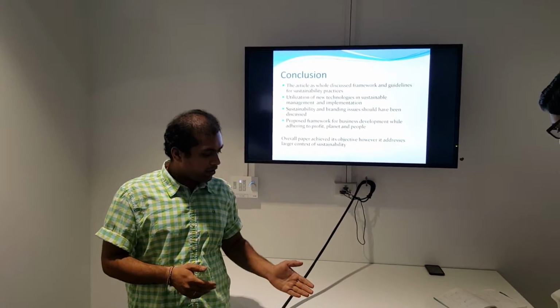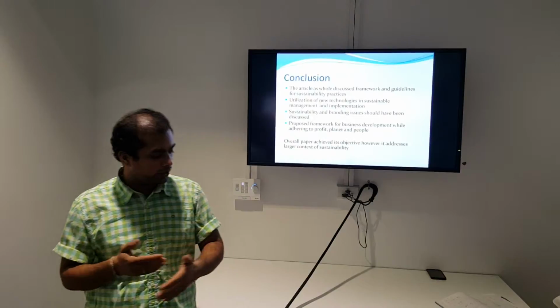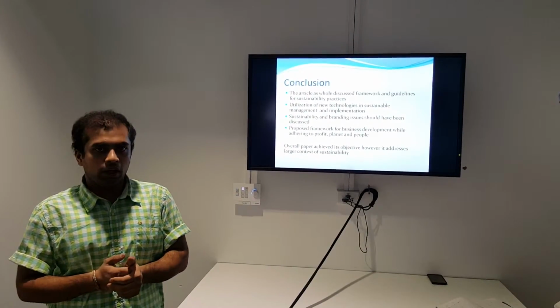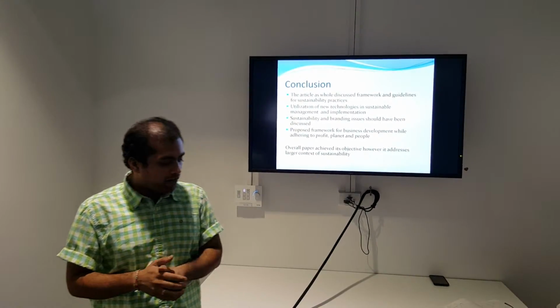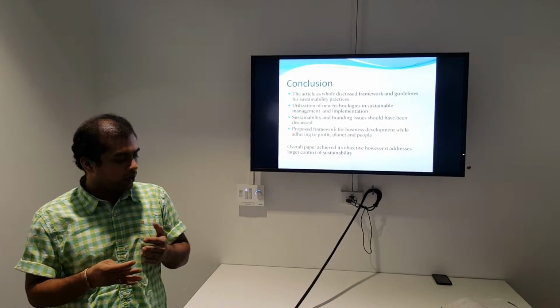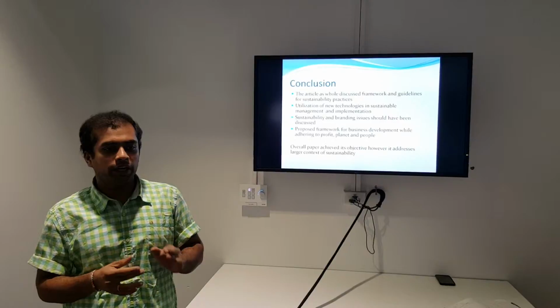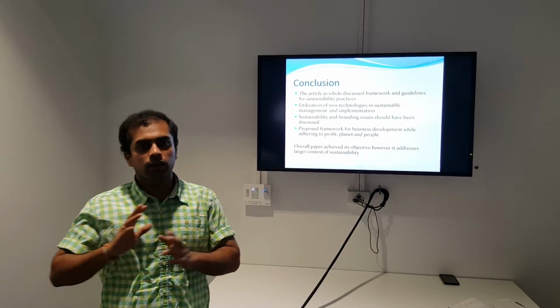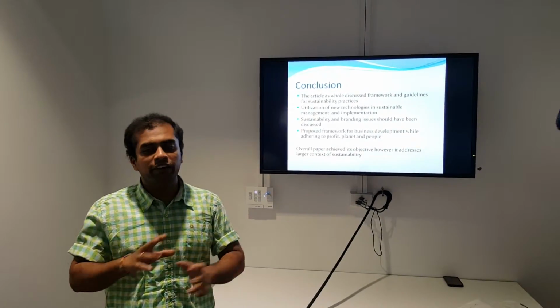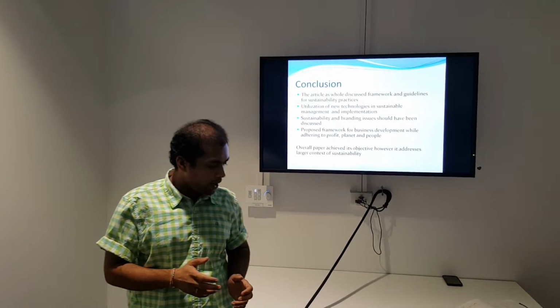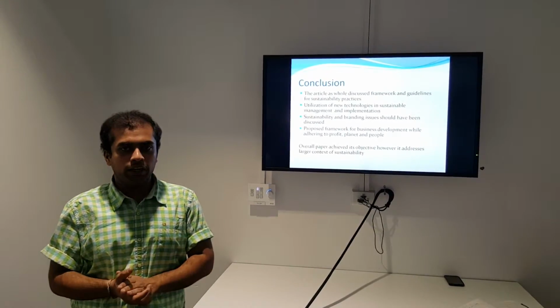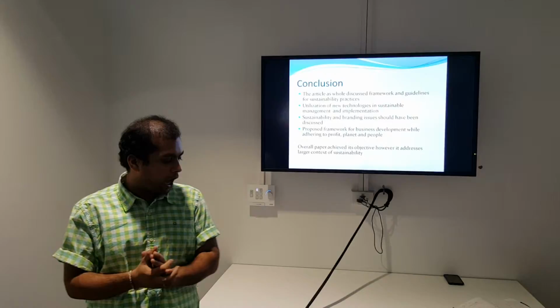As seen, we have used new technology systems in sustainable management and implementation of new products, and we have seen many processes of branding the product, where we need a unique importance and unique identification for the product, and in the same way sustainability is added to that, so that we can get good outcomes.